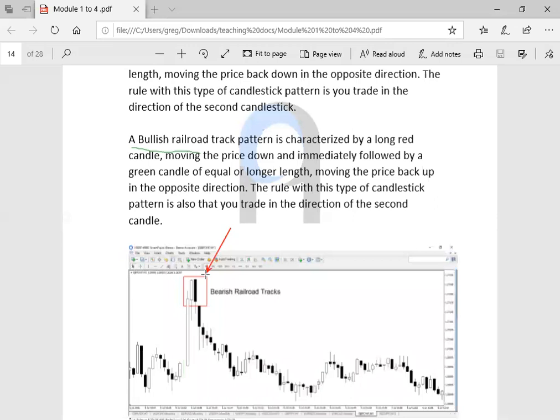So the one thing we use to become objective, and not favor what we want to see, is confluence factors. This will be one of them.